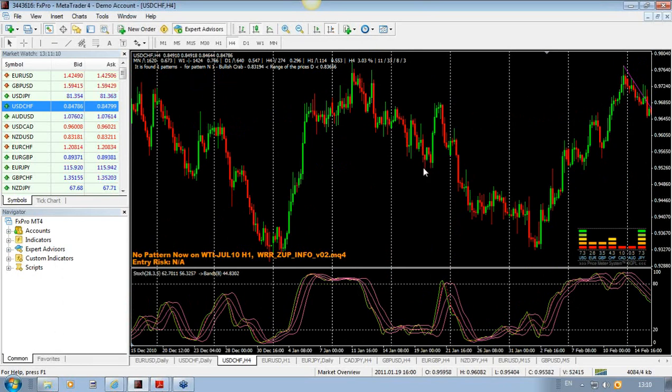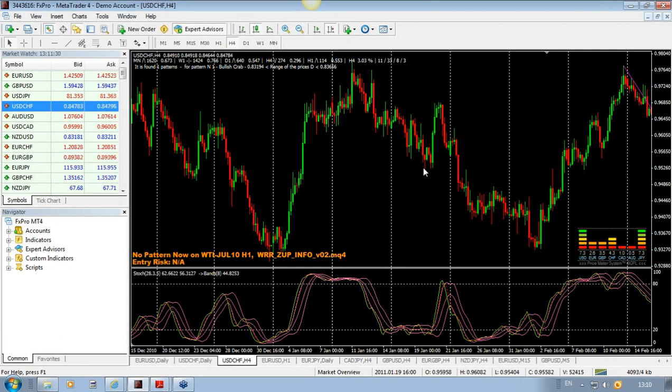Now the statistics is 60 or 65 percent, I think, I'm not sure, success for reaching the first target. The second target is a little lower. Very good strategy.